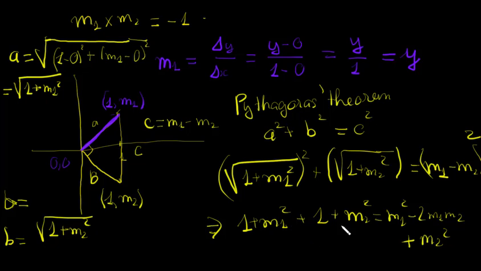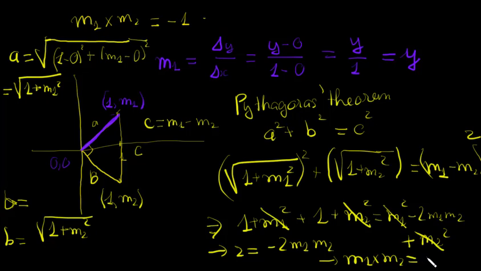We can see that both sides have m1 squared and m2 squared. From here we can see that 2 equals minus 2 m1 m2, so we have m1 multiplied by m2 equals minus 1. Okay, this is how we prove that the product of the gradients of two perpendicular lines is minus 1.